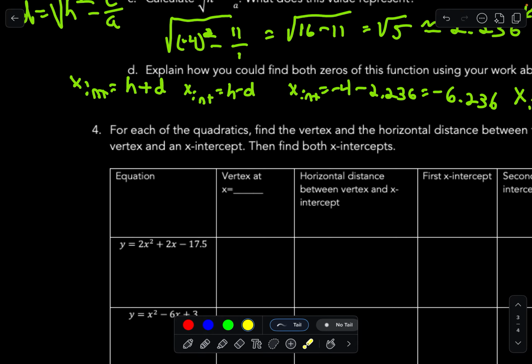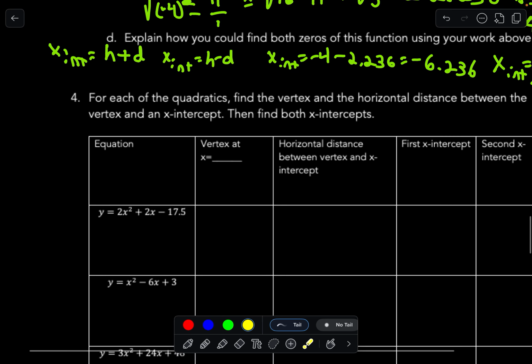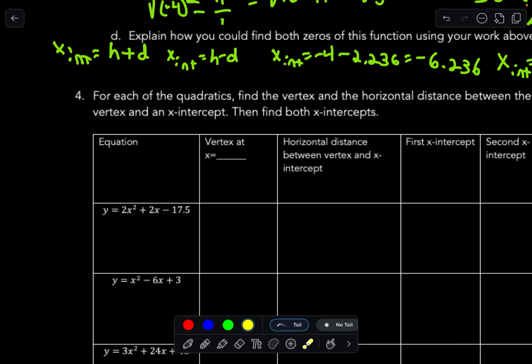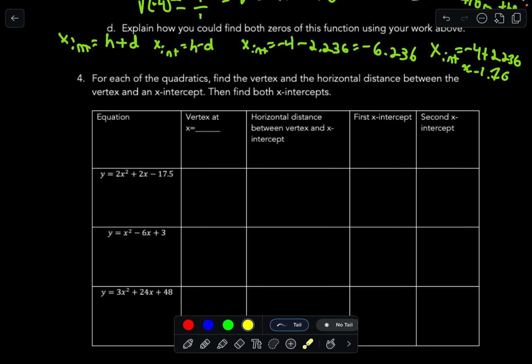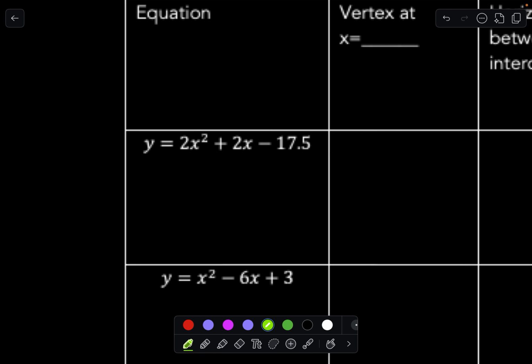So they give you, for each of the quadratics, find the vertex and the horizontal distance between the vertex and an x-intercept, then find both x-intercepts. So here's the equation right here, the first one. Y equals 2x squared plus 2x minus 17.5. A equals 2. B equals 2.